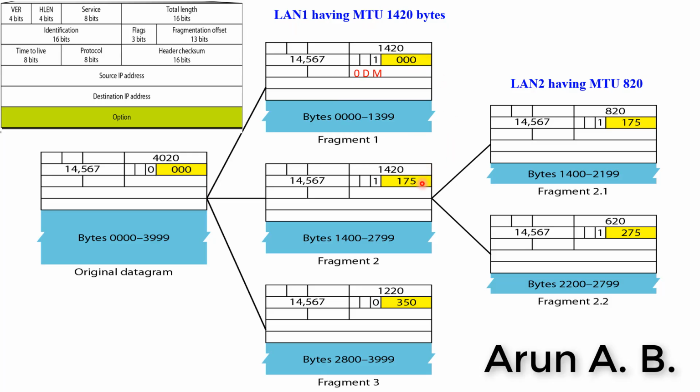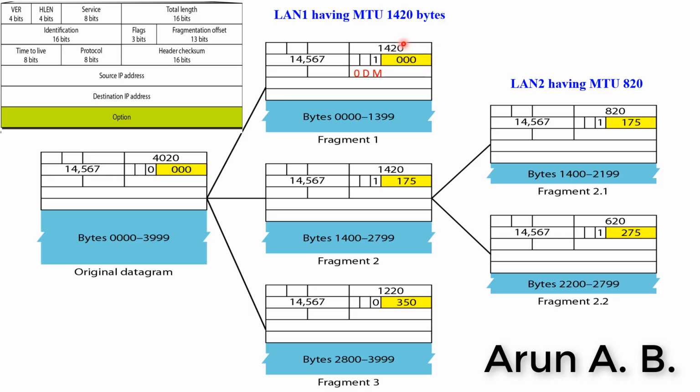So the very next offset is 175. How is it calculated? It is calculated from the size of the previous packet. The total size of the previous packet was 1420, right? Here we consider only data.